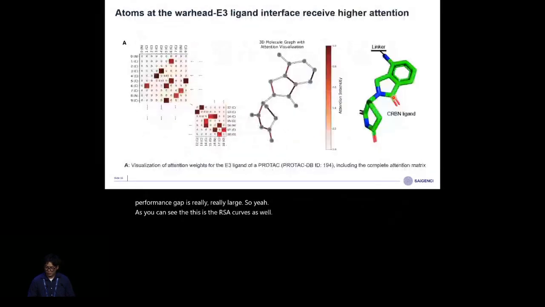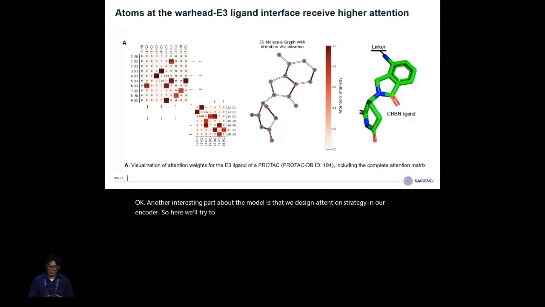Okay. Another interesting part about the model is that we design an attention strategy in our encoder. So here we try to visualize these attention weights. We project the attention weights back onto the 3D graphs, and use the density of the color of each chemical bond to indicate the attention weights.